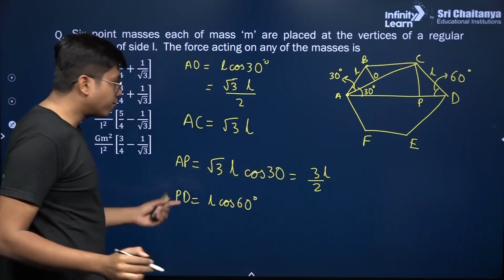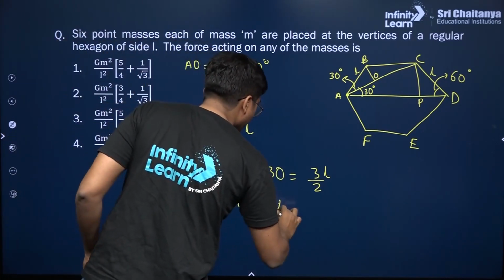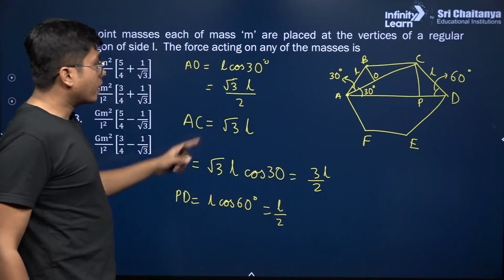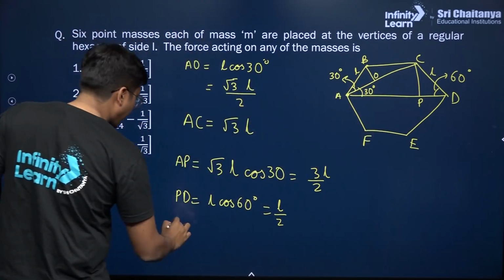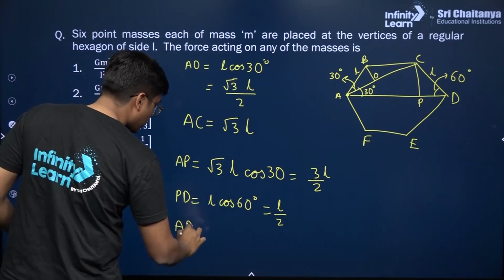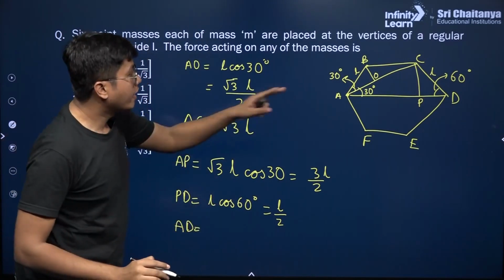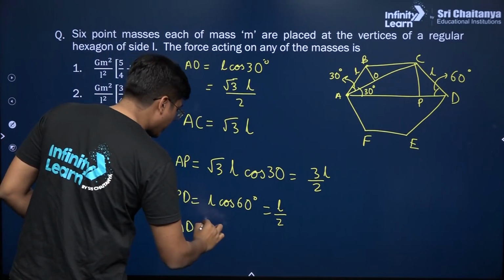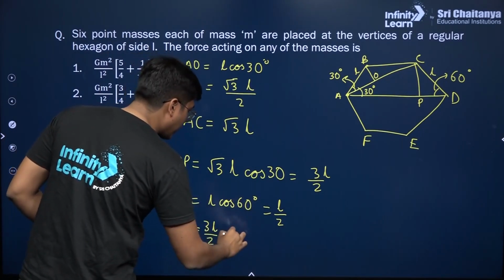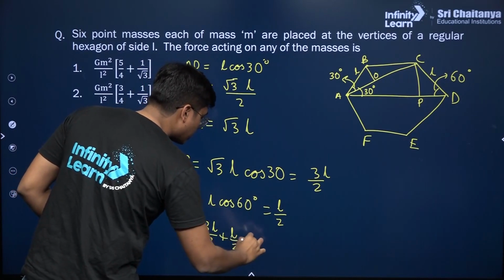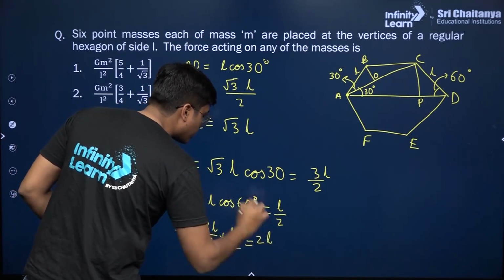Cos 60 is half, which means this is going to give me L by 2. Now AD is actually AP plus PD, which means AD is equal to AP plus PD. AP was 3L by 2 and your PD was L by 2. That is just going to give you 4L by 2, that is 2L.